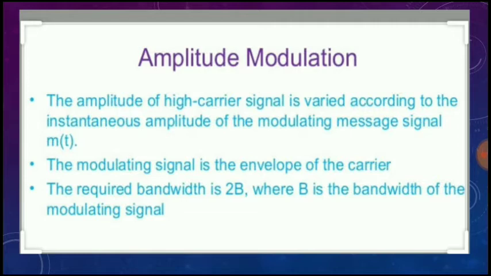The modulating signal is the envelope of the carrier wave. The required bandwidth is 2B, where B is the bandwidth of the modulating signal. So the definition of amplitude modulation is a 2-mark question.